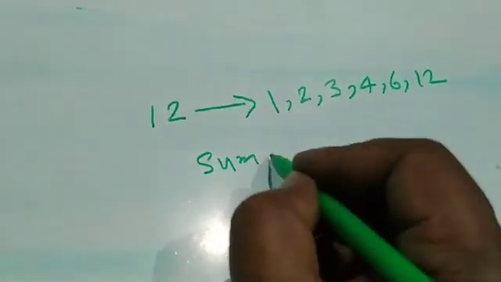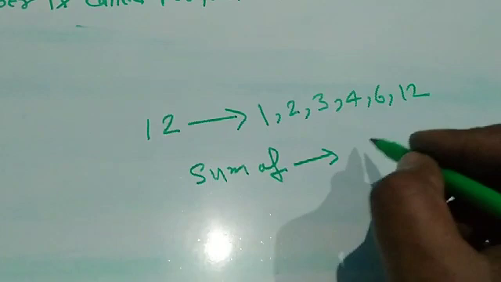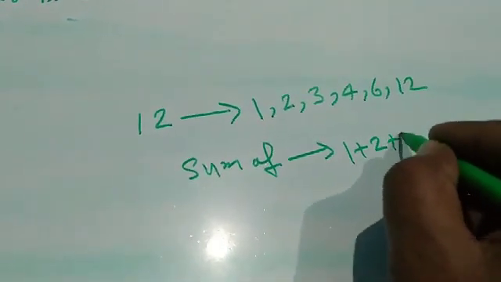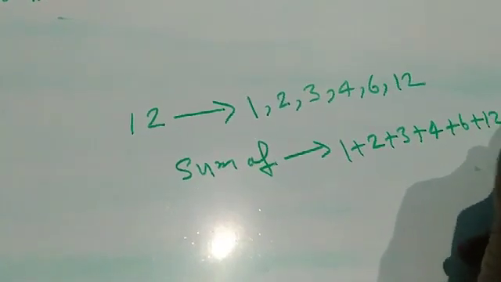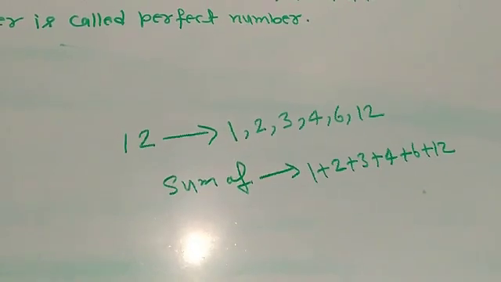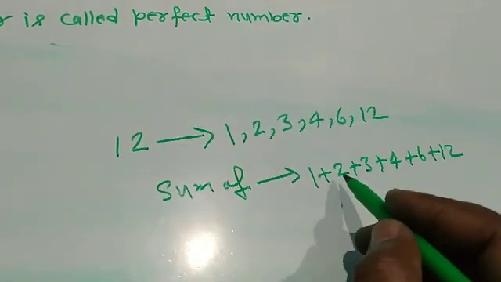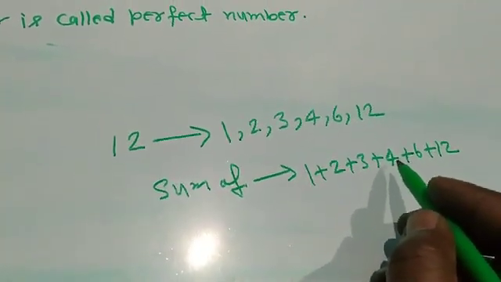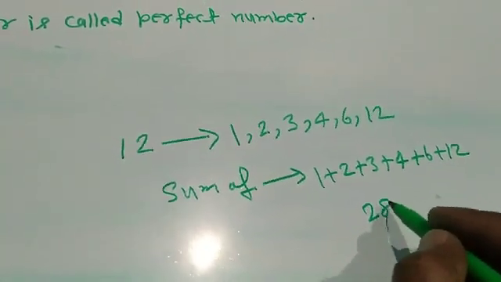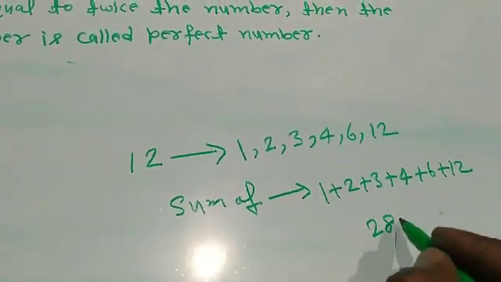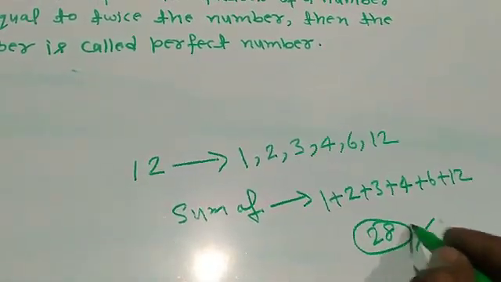The sum of all factors of 12 is 1 plus 2 plus 3 plus 4 plus 6 plus 12. So 1 plus 2 is 3, 3 plus 3 is 6, 6 plus 4 is 10, 10 plus 6 is 16, 16 plus 12 is 28. 28 is not double of 12, not 2 times 12. So this is not a perfect number.